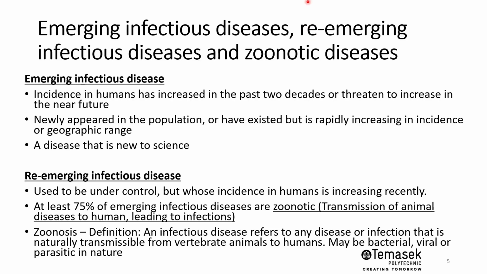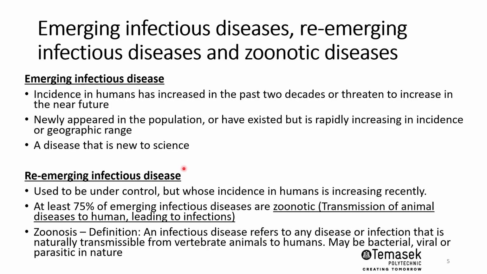Not sure what the main reasons are behind it, but diseases such as measles can be described as re-emerging infectious diseases. It is worthwhile to take note that at least 75% of all these emerging infectious diseases are zoonotic in nature. That means there is a transmission of animal disease to humans, leading to infection.